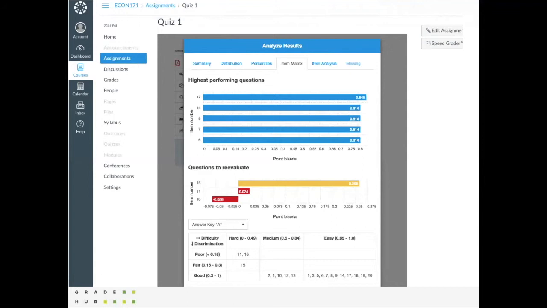Then you have the harder items that are below 0.5, and that's just showing you that students are not knowing the material.